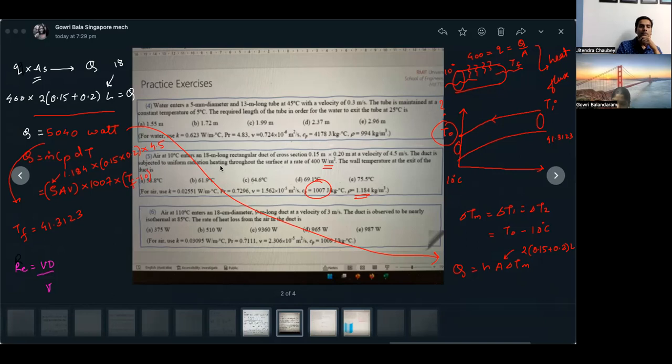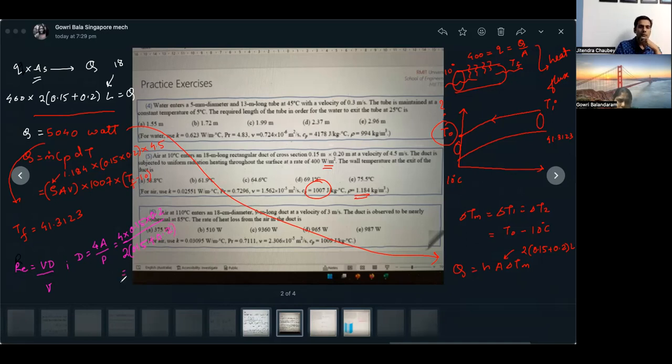Do you remember? 4 A c over perimeter. Perfect, 4A by P. A would be the cross section itself, 0.15 into 0.2, and perimeter would be twice (0.15 plus 0.2).